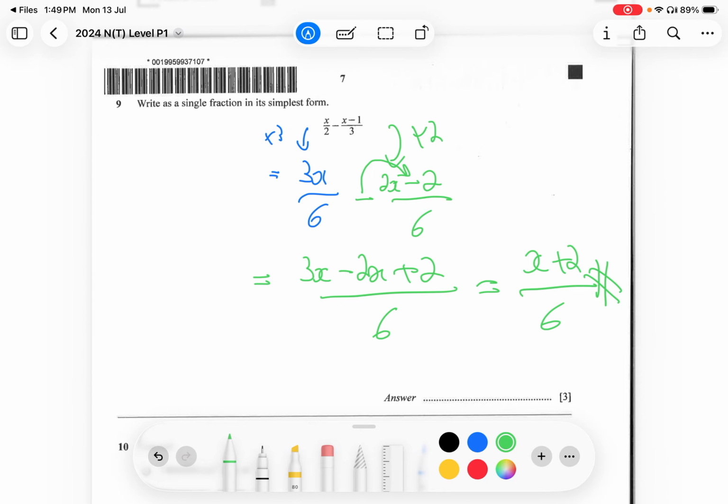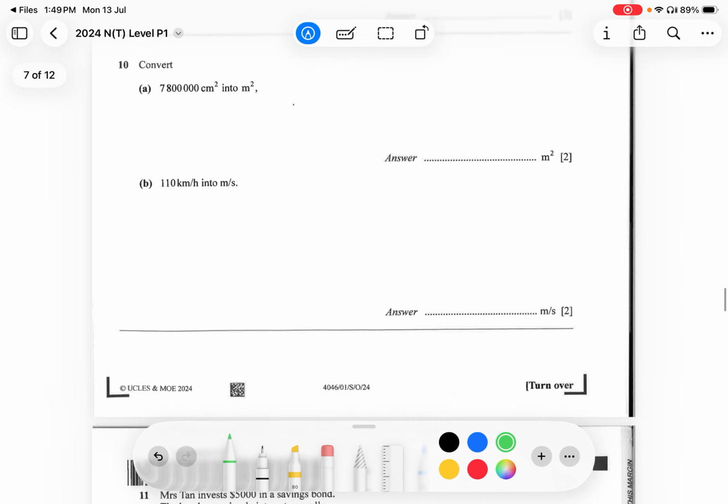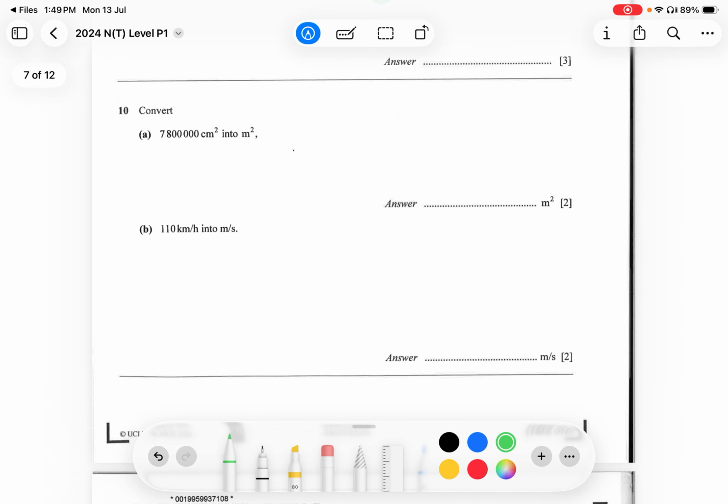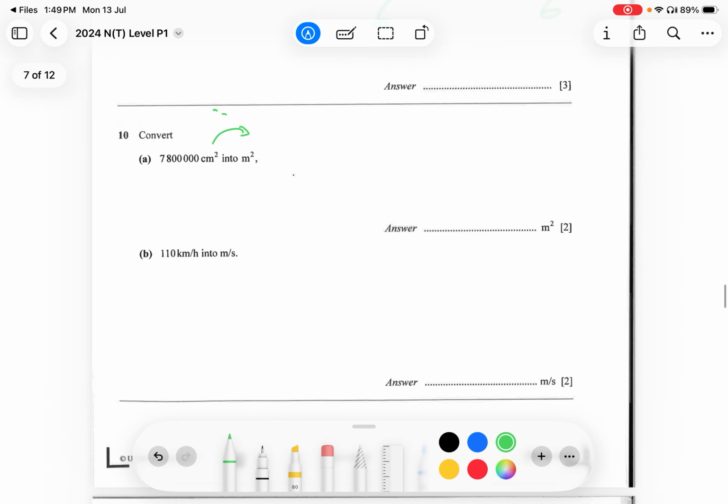Okay, for this, the next one. Convert this into meters square, divide by 40, 780.